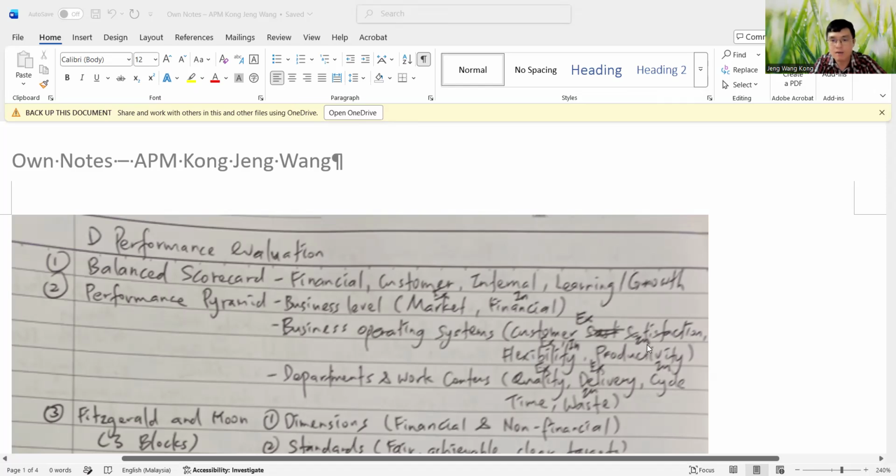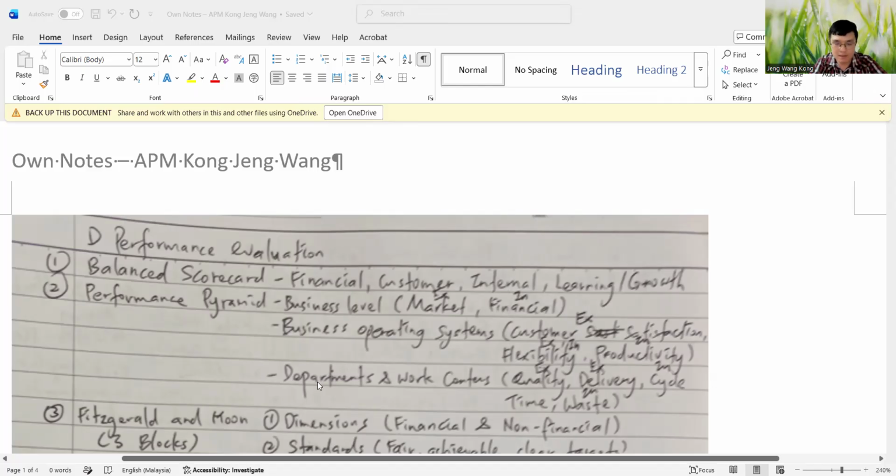However, flexibility also involves financial. Then productivity is only internal. So only flexibility shares both market and financial.